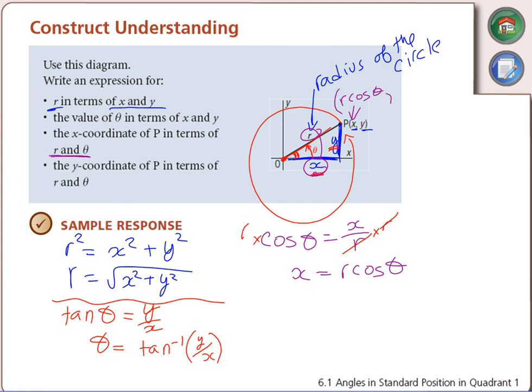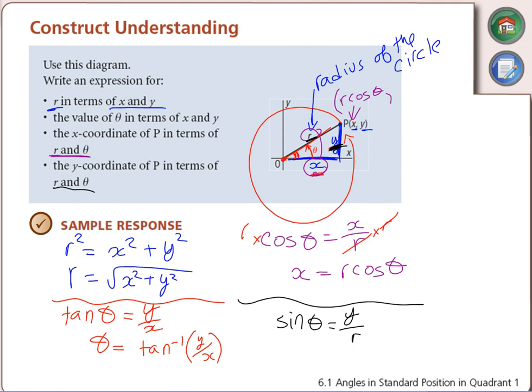Now we've got to do the same thing with the y value. For the y value, we're looking at our opposite, and we want it in terms of r and theta again. So we've got opposite and we've got hypotenuse. So opposite over hypotenuse, oh, that's sine. Sine of theta is equal to y, the opposite, over the hypotenuse, which is r.